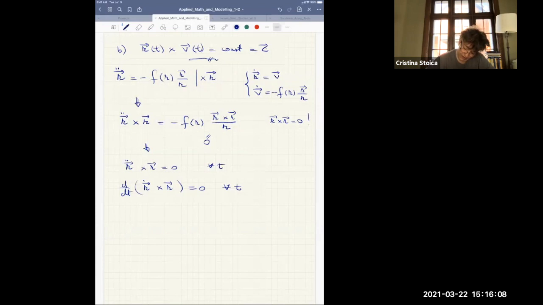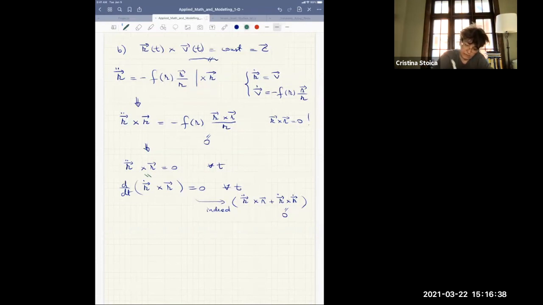If we verify, that would be r double dot cross r plus r dot cross r dot, but this is 0. So indeed this guy is this guy, right?